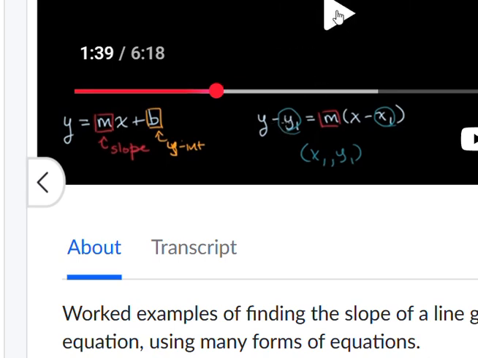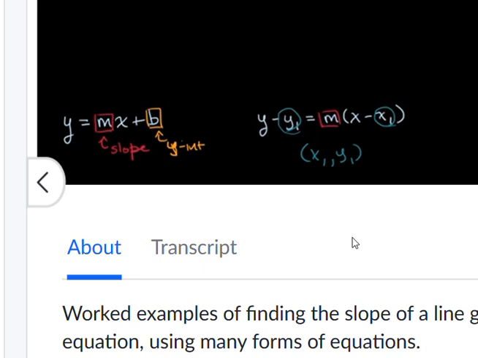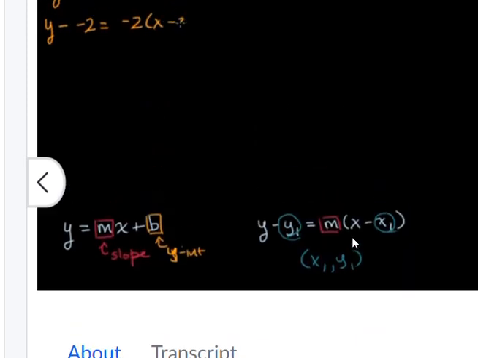I have to subtract. So would y minus y1 equal the same as y2 minus y1? Yes, if you do the same for y and x. So it's just up to you. Well, you could just rewrite this. You have y minus negative 2 is equal to negative 2 times x minus 3.